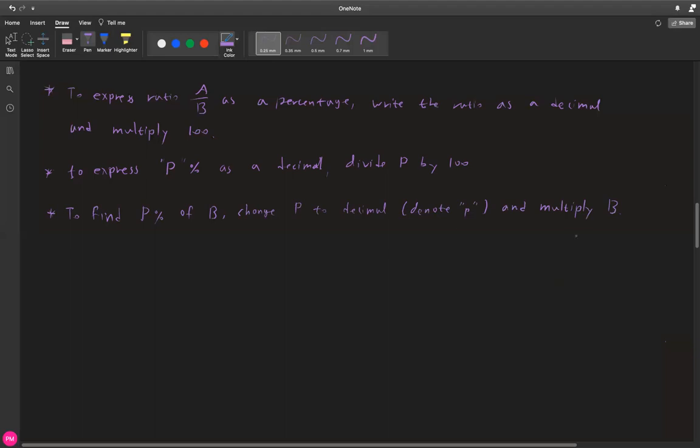That's exactly what we did in the previous example: to find 8% of the $300 Apple Watch, you change 8% to the decimal 0.08, and you multiply it by the value, $300, and you find the tax amount.